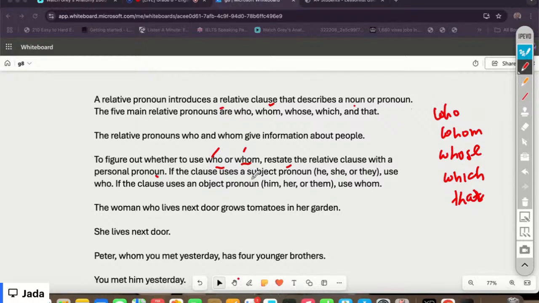If the clause uses a subject pronoun, he, she, they, use who.